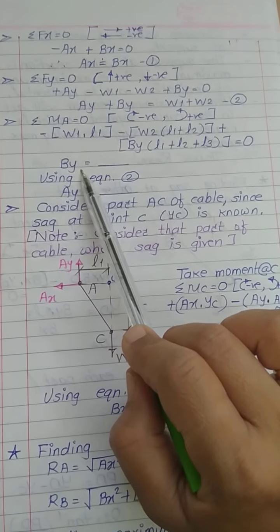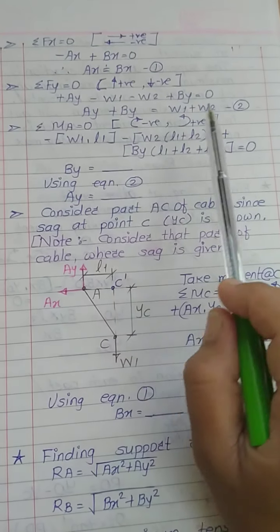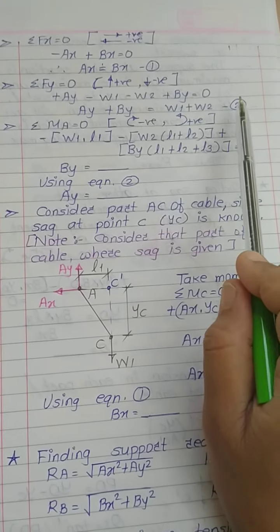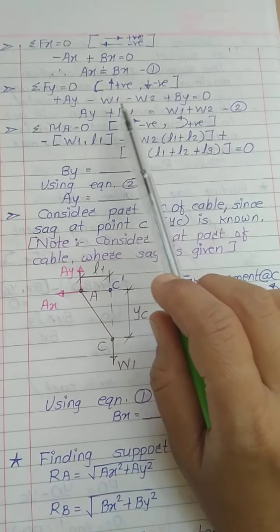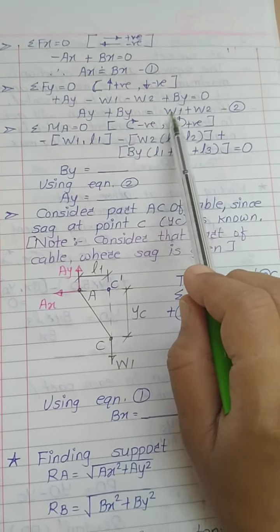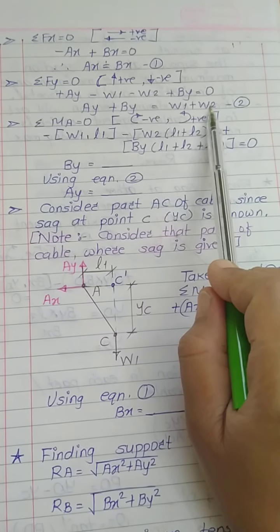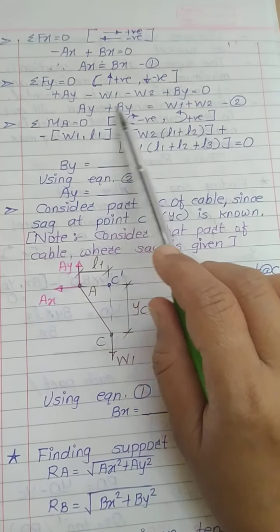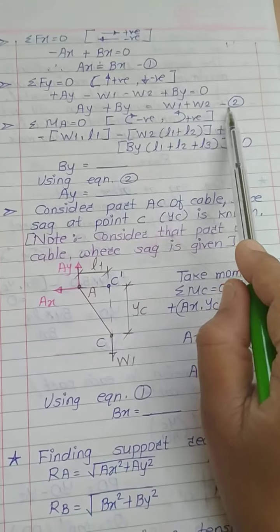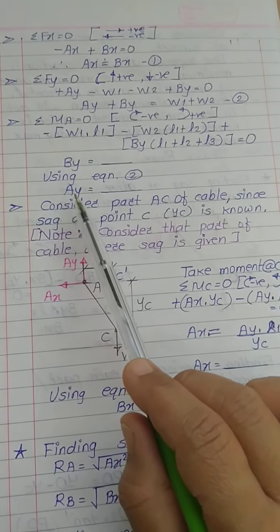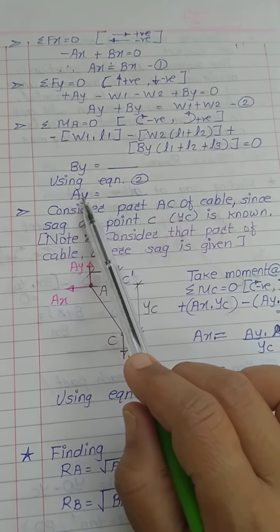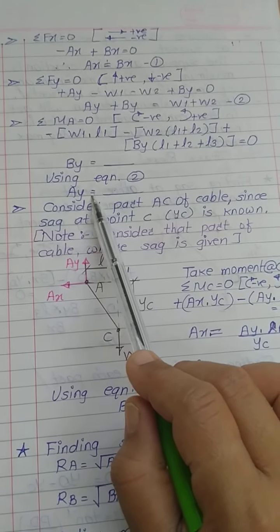Now after getting By, use equation number 2. Here in equation number 2, By is known, W1 and W2 are given, so the unknown is Ay. Using this equation you will get the value of the vertical reaction component acting at point A, which is Ay.